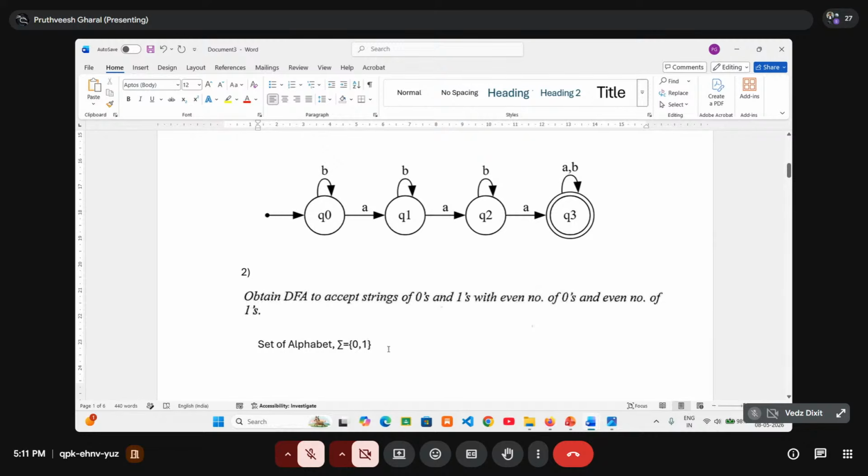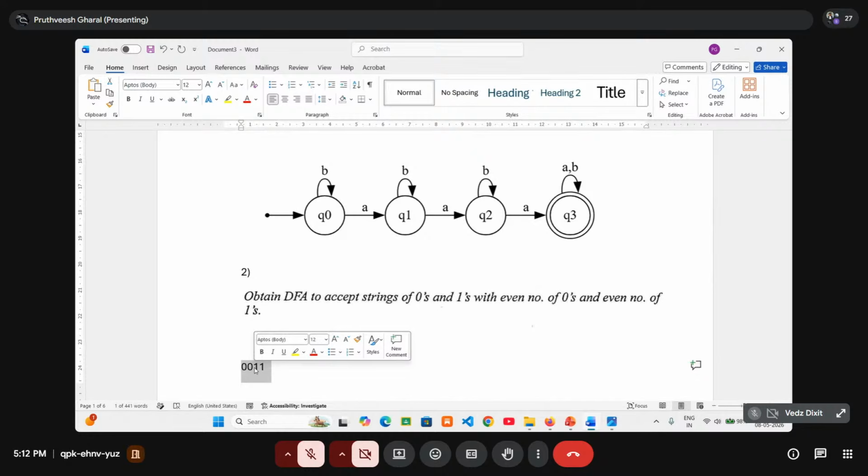Let's say this is a string here, 0011. We have to accept strings with an even number of zeros and an even number of ones.